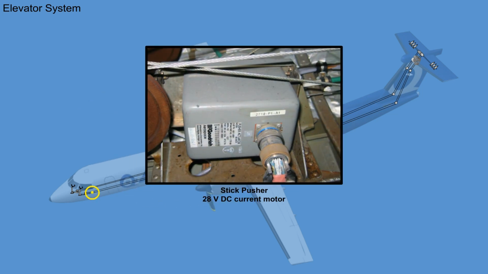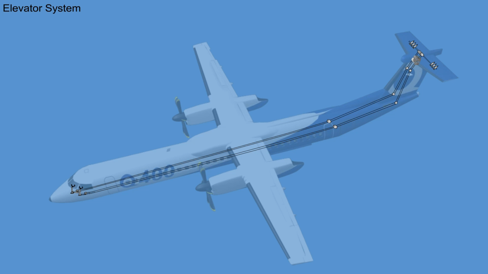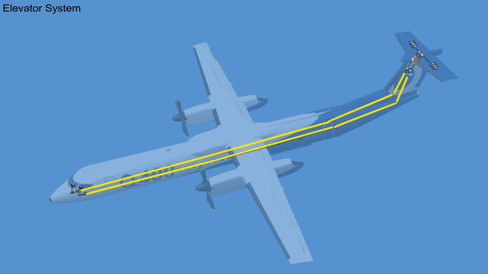The stick pusher quadrant is directly attached to the left forward quadrant with input from the stick pusher actuator. From the forward elevator quadrants, the elevator cables are routed aft below the flight compartment and cabin floor through the rear fuselage and upwards to terminate at the two aft, left and right, elevator quadrants in the vertical stabilizer.